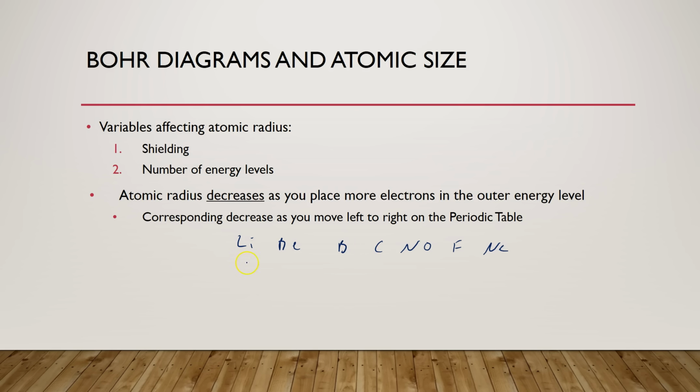So they all have 2 rings in them because they're all in the second row. But because there's more charge reaching that outer ring, right? So lithium, the charge reaching the outer ring is plus 1, plus 2, plus 3, plus 4, plus 5, plus 6, plus 7, and plus 8, right? That's how much charge reaches the outer level.